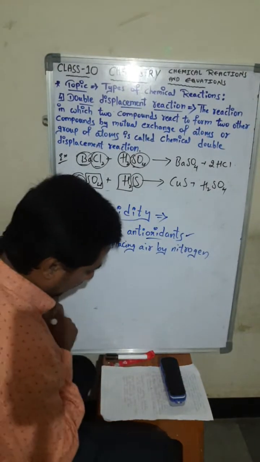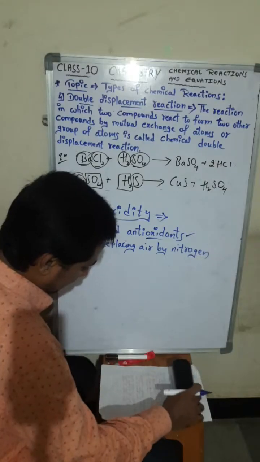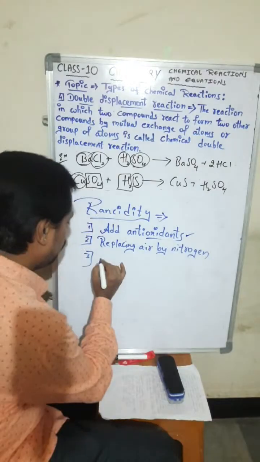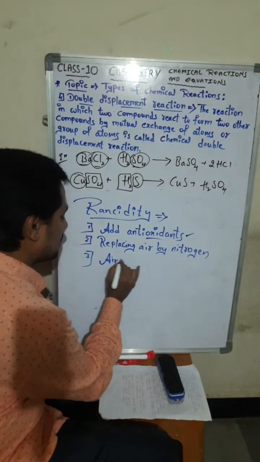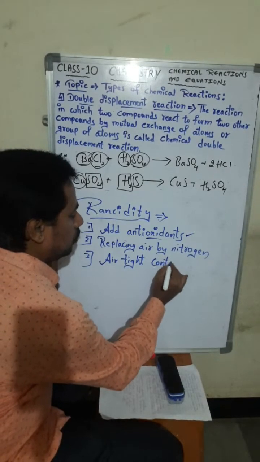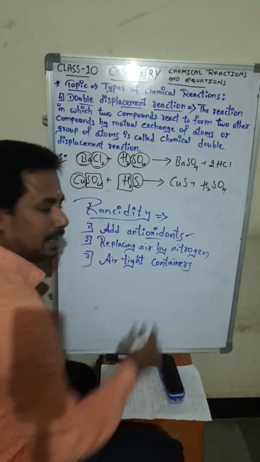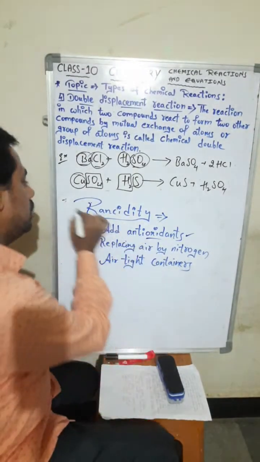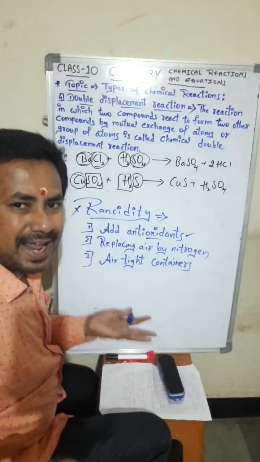So third one is what they are telling, keeping food in airtight containers. What we have to do? We have to keep the food in airtight containers. Airtight, air will not go inside, so it prevents the rancidity.